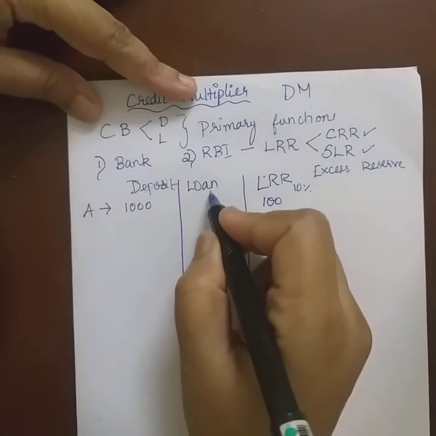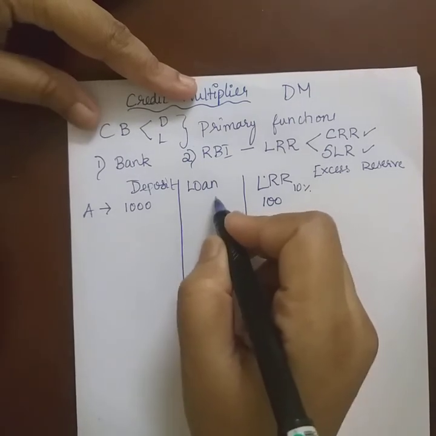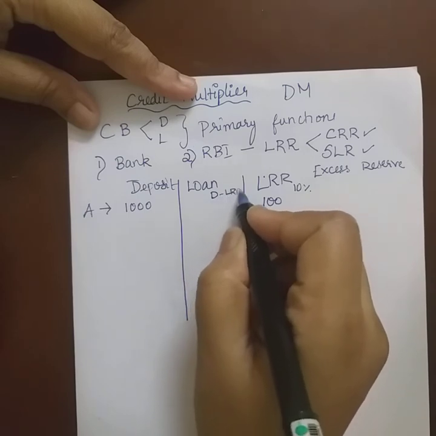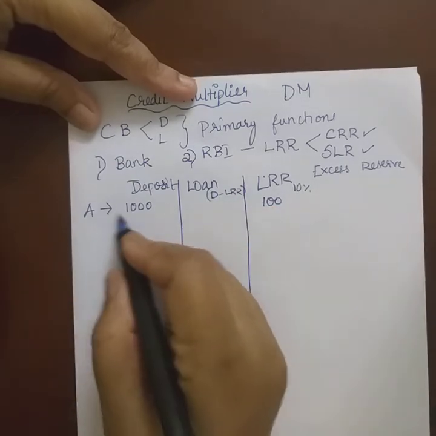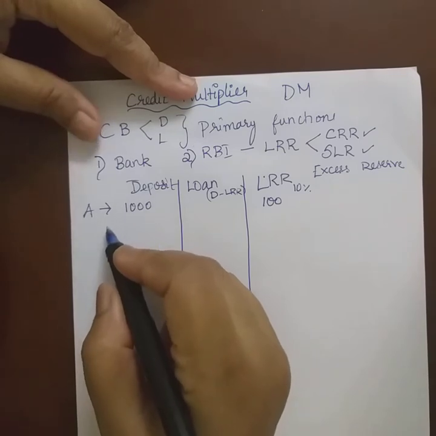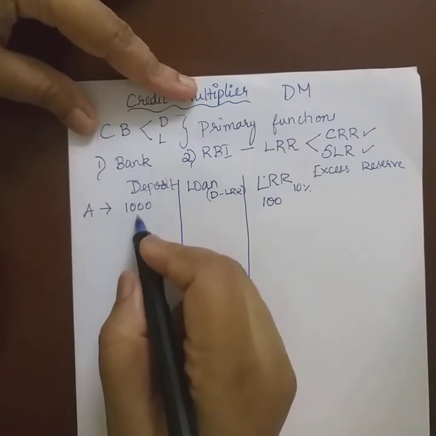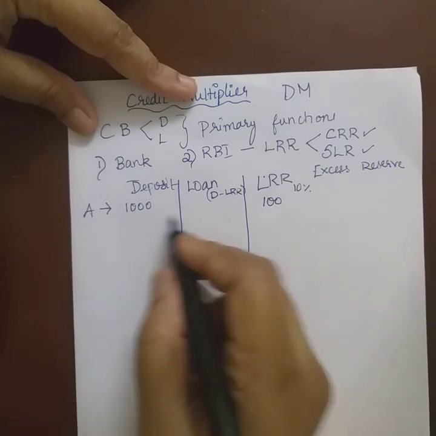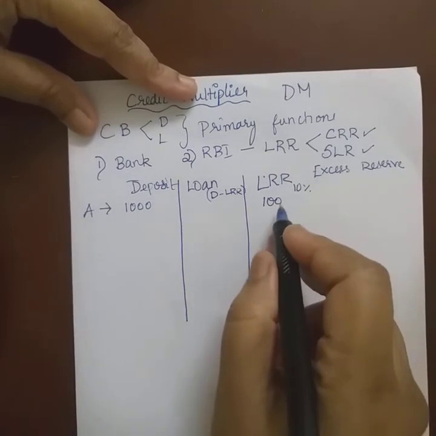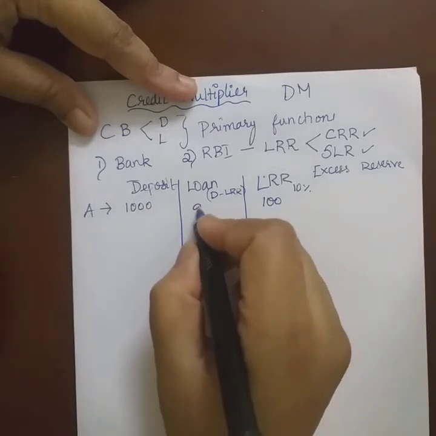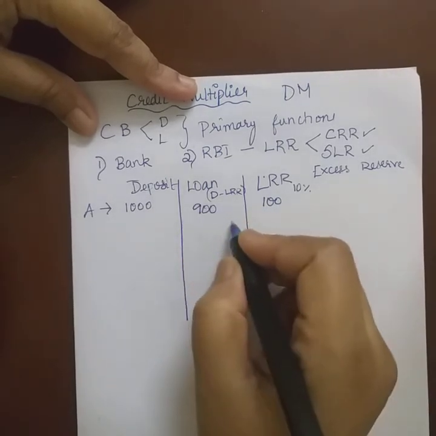So loan basically is the deposit minus the LRR, right? So in this case, in A's savings account, 1000 rupees is the initial deposit, and 10% of this is going to be kept as reserve, and the rest can be lent. So that means 900 can be given as a loan.